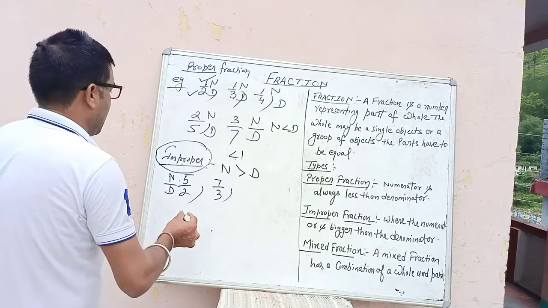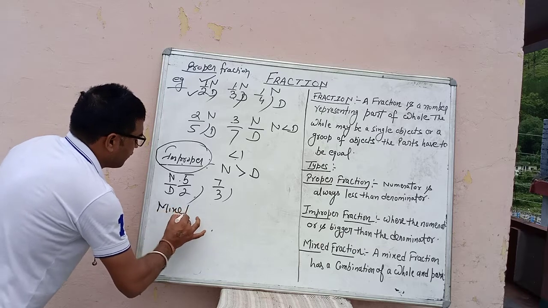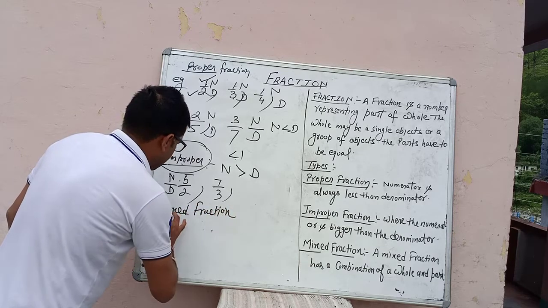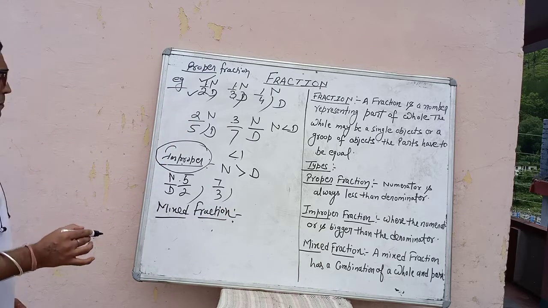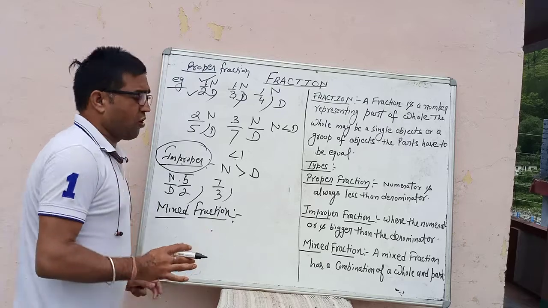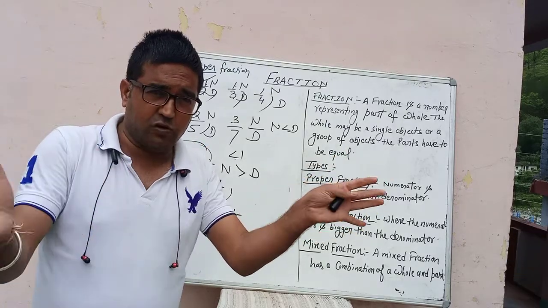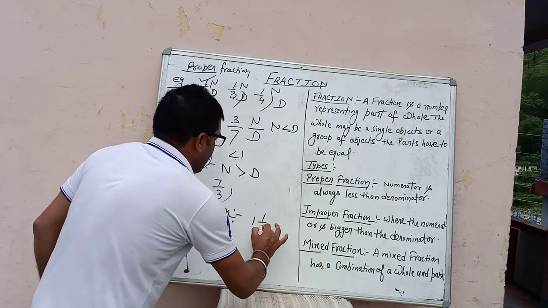Now the third and last one, very important, is the mixed fraction. So what can we say about the mixed fraction? A mixed fraction has a combination of a whole and a part. For example, this is 1 by 2.